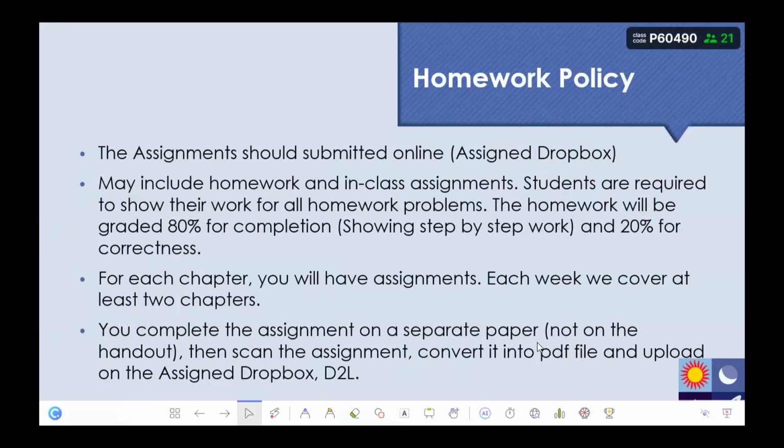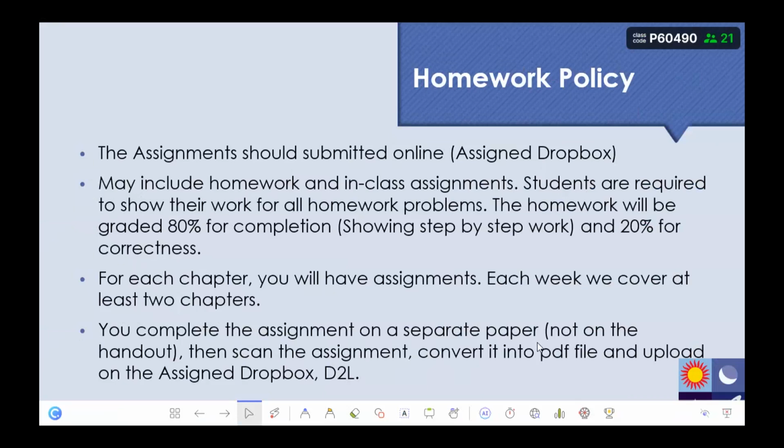And then for each chapter, we will have an assignment, and the due date for the assignment is available on your D2L. Make sure to not miss the due date. But if you miss the due date, you still have a chance to submit the homework for partial credit after the due date, but until each unit exam. Let's say in unit 1, we have 4 homeworks.